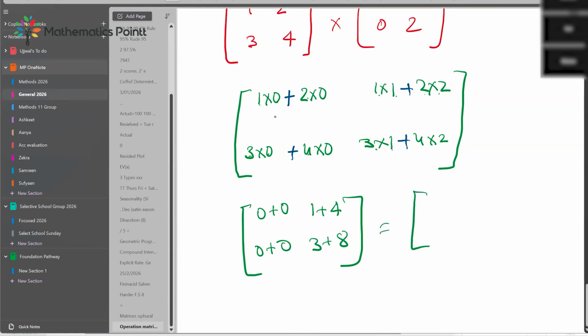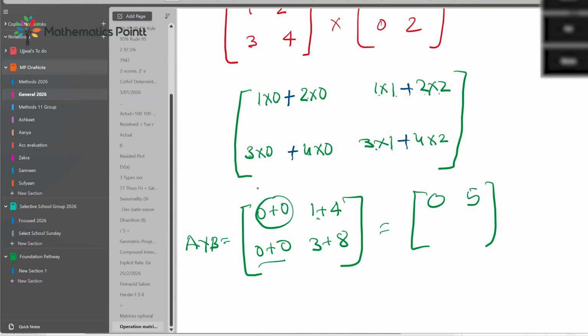So finally, my A cross B, the product, is 0, 5, 0, 11. That is, in very simplistic terms, how you multiply two matrices, ensuring that the precondition is met, and eventually how you navigate through the two matrices as well.